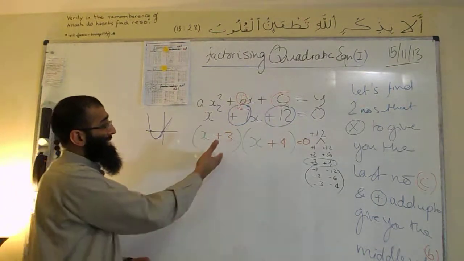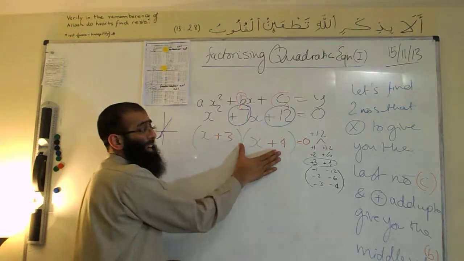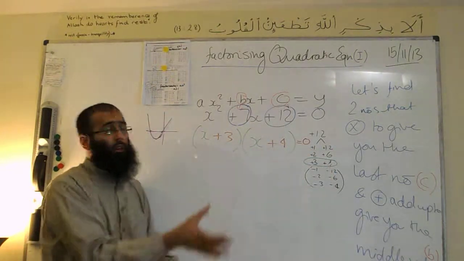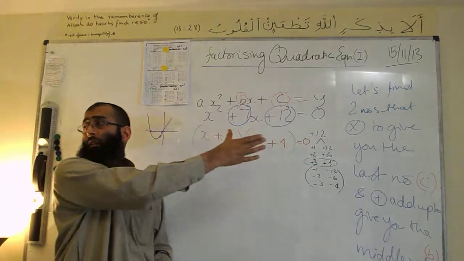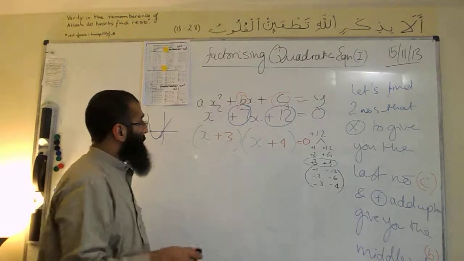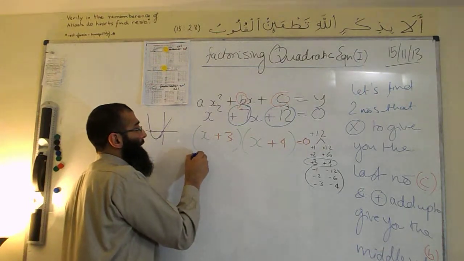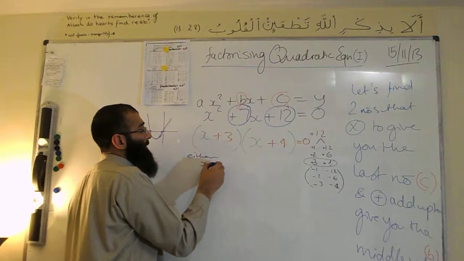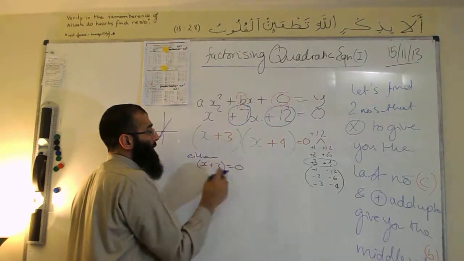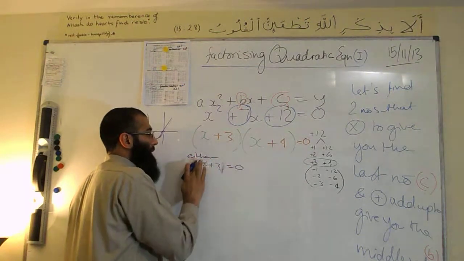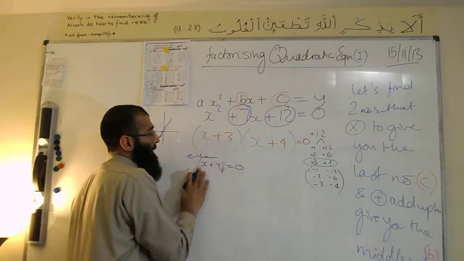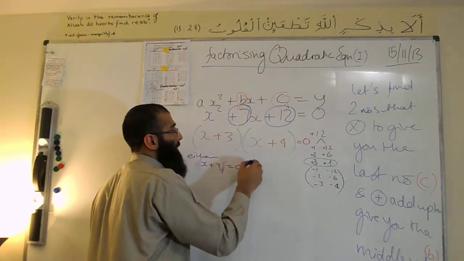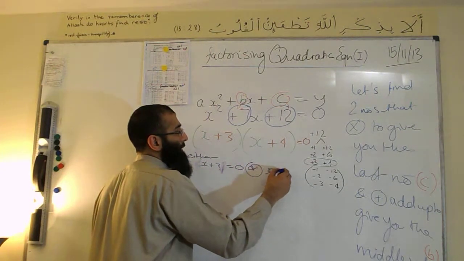So in this particular instance, if you have two brackets multiplying to give you 0, either the first bracket is 0 or the second bracket is 0. So we say here, either x plus 3, the first bracket, is equal to 0, or the second bracket is equal to naught.